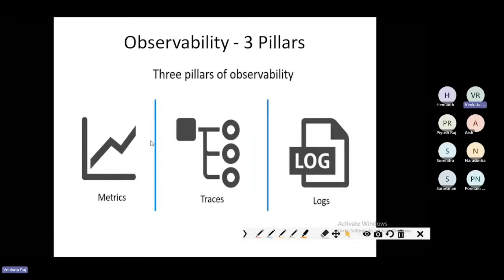Coming to traces, guys, as I told you, whenever a request is sent to the server, through which all components it passes through, right?